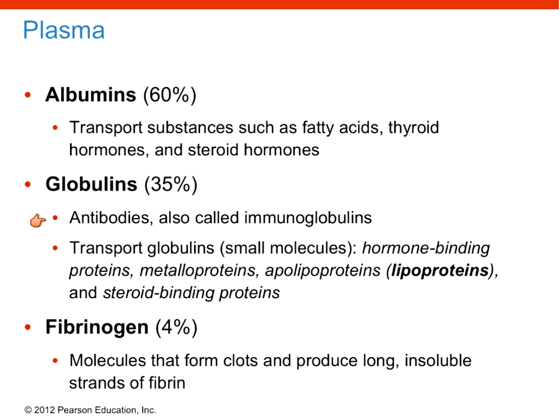Globulin proteins are also known as antibodies, and they can also be called immunoglobulins. Now, we talked about antibodies in our virtual lab experience: if you have type A blood, you have type B antibodies. If you have type B blood, you have type A antibodies, or immunoglobulins. They transport small hormone-binding proteins, apolipoproteins, and steroid-binding proteins.